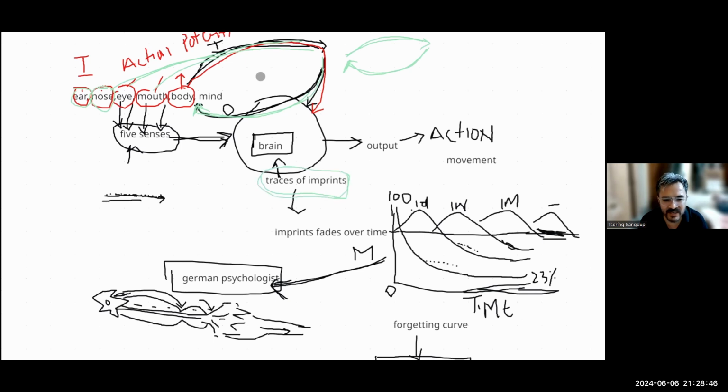And the brain actually allocates resources to identify what is relevant and what is irrelevant information, and the imprints fade over time. The majority of the learning and skill that leaves traces of imprints on the brain fades within 24 hours. Only 23% of the information we learn is retained in the brain, while the rest of it just disappears.